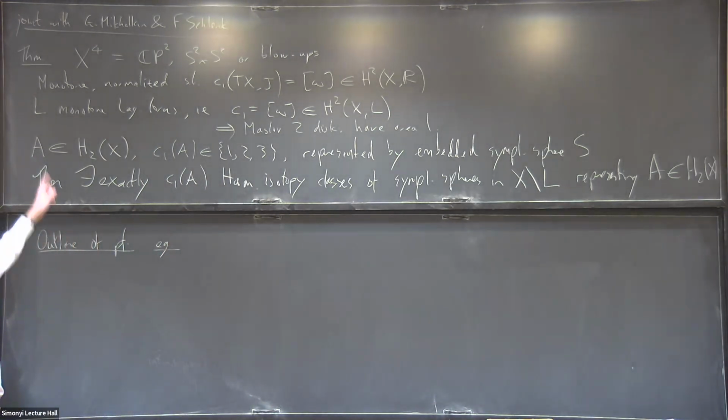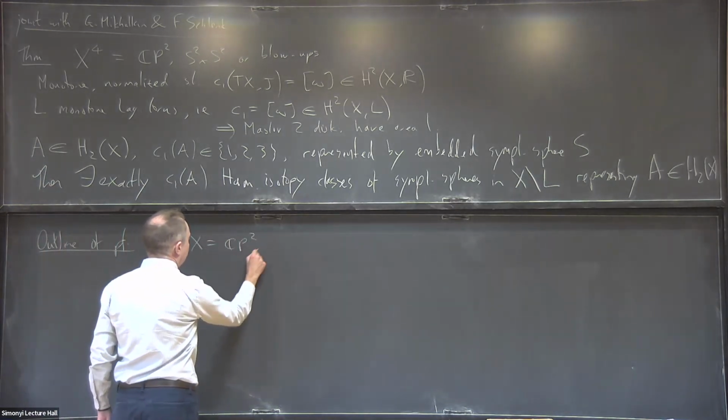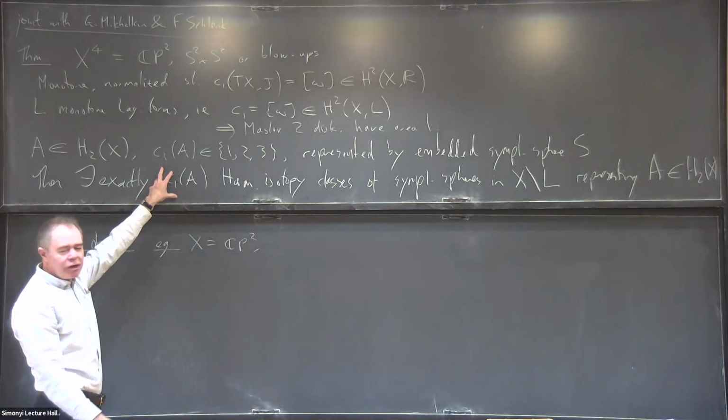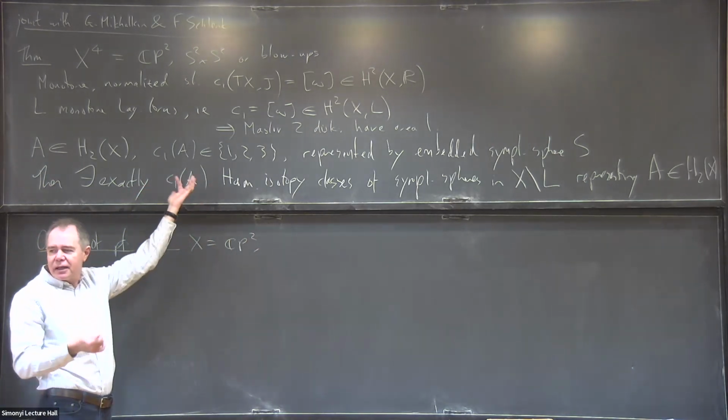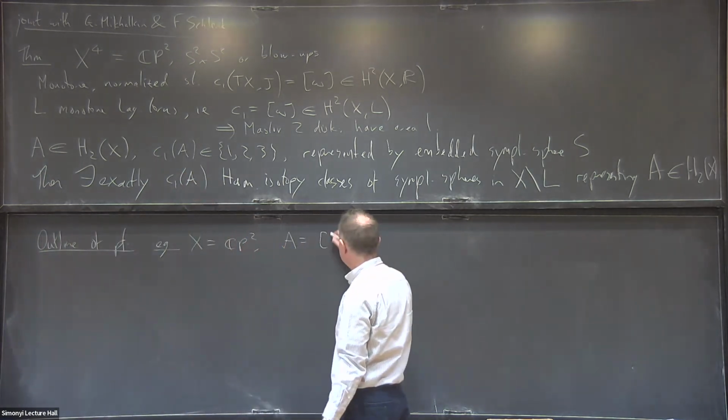the main example, if I take X to be CP2, then the only option for the Chern class is 3, and I'm looking at the class of lines. So A is going to be the class of a line.